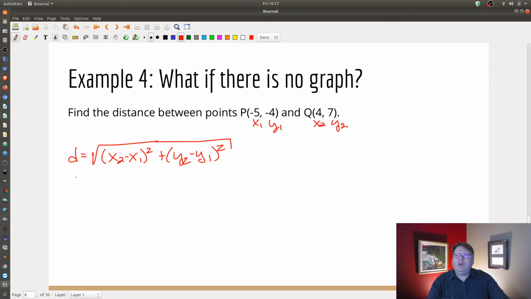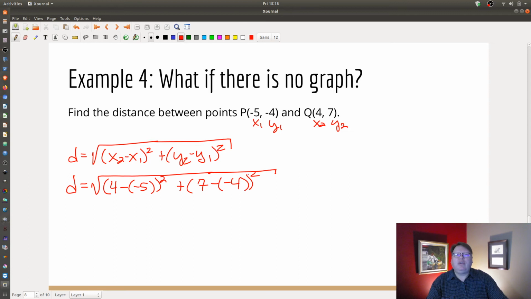Oh. So I get D is equal to, and we are going to substitute everything that we know. X2 over here is equal to 4, minus x1, which is -5, squared. Y2 is equal to 7, minus y1, which is -4.